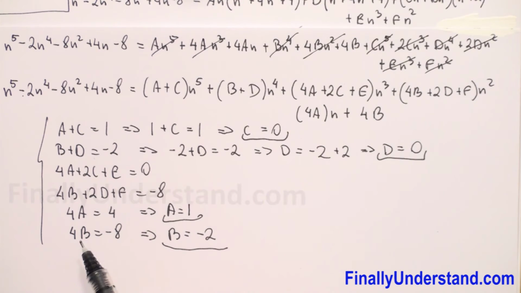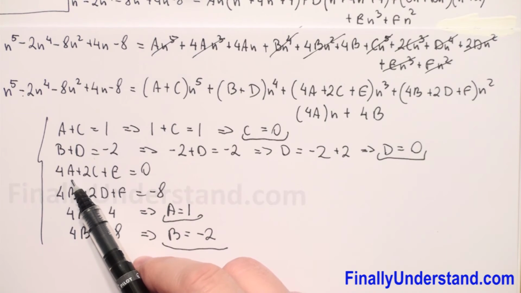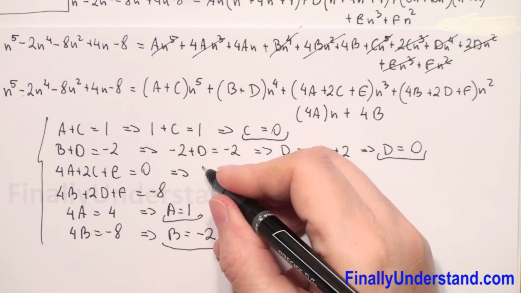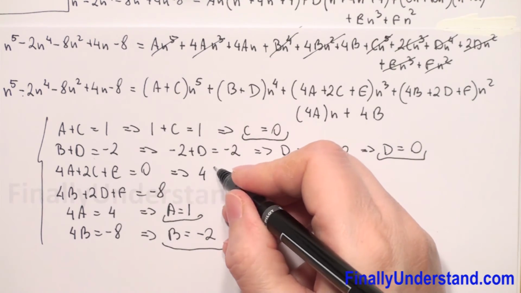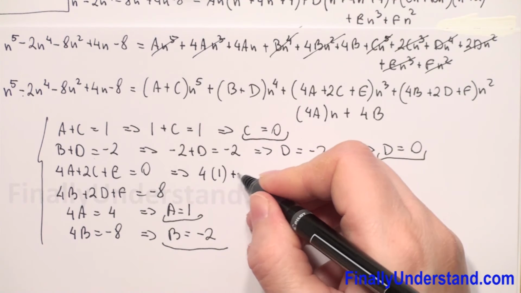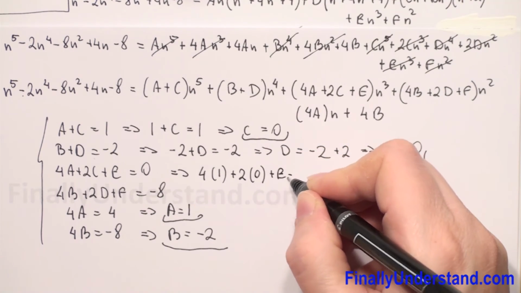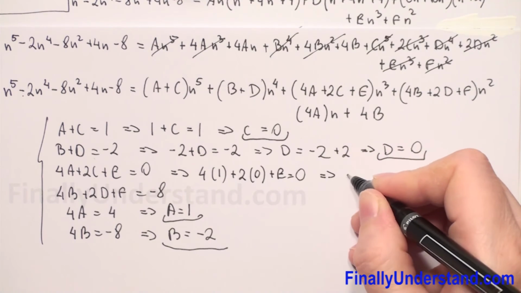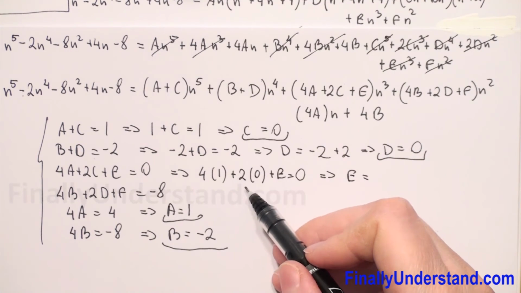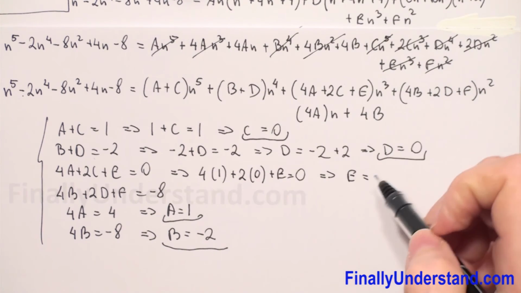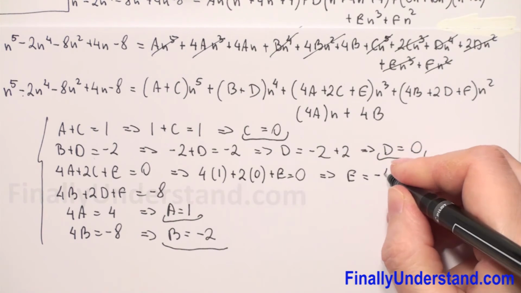So now we can substitute to the third equation a, c, and we will find e. So 4 we copy, a is 1, so we have times 1, plus 2, c is 0, plus e is equal 0. So we have that e is equal, 2 times 0 will be 0, and 4 times 1 is 4. When we move to the right side will be negative 4.